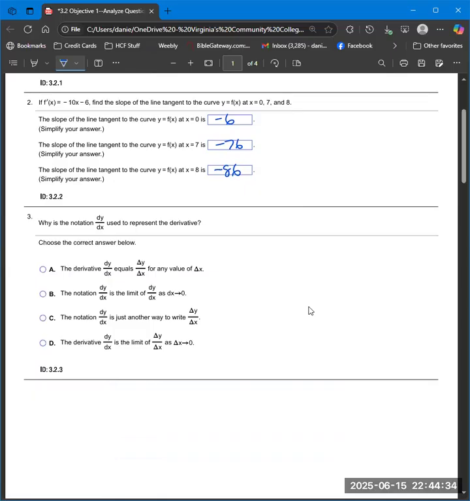Why is the notation dy/dx used to represent the derivative? The derivative dy/dx is the limit of delta y over delta x as delta x approaches 0.